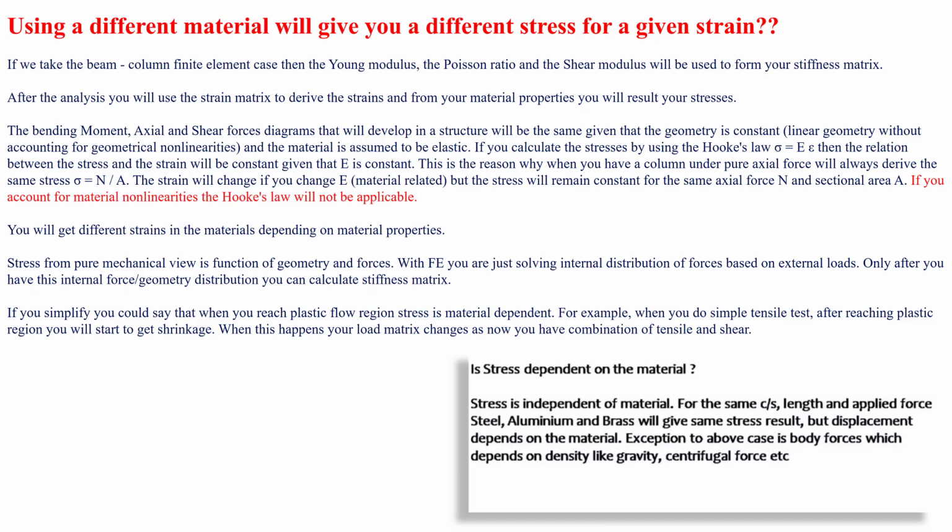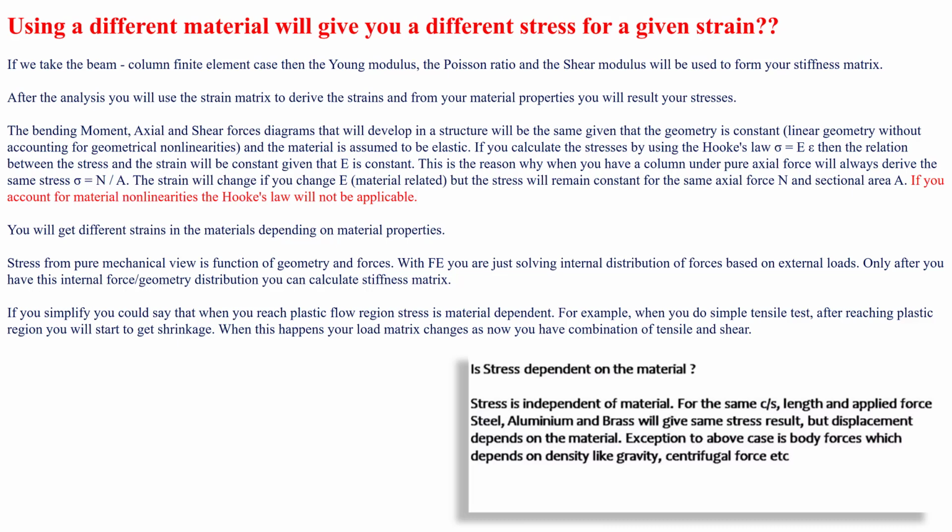If you consider the beam column finite element case, the Young's modulus, the Poisson's ratio, and the density will be taken to form the stiffness matrix. EA by L, we have seen it, right? So same thing, the advanced formulas and all. After you analyze this, what exactly do you do? You form the strain matrix to derive the strains, and from your material properties, we get the stress results.